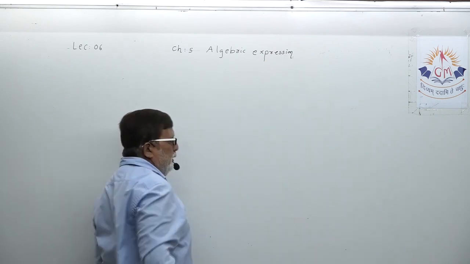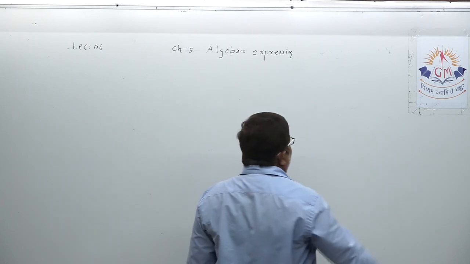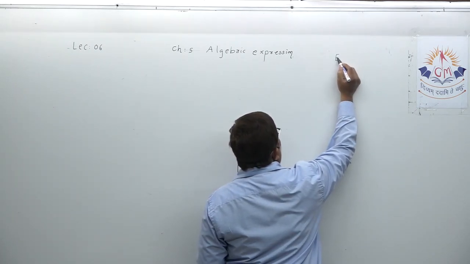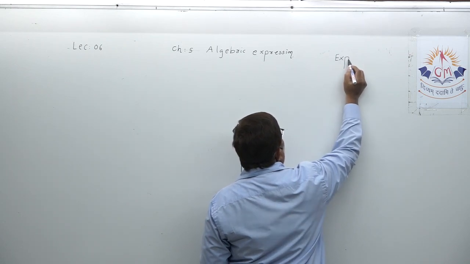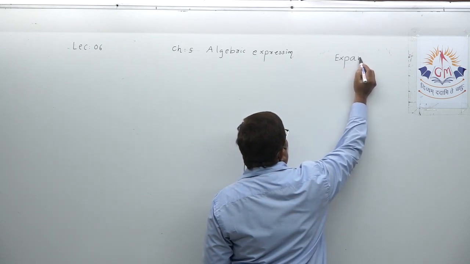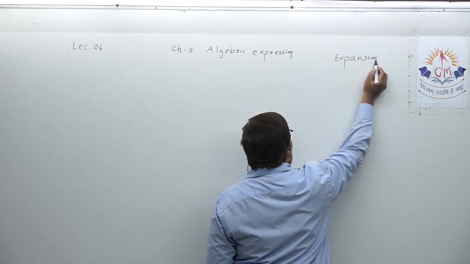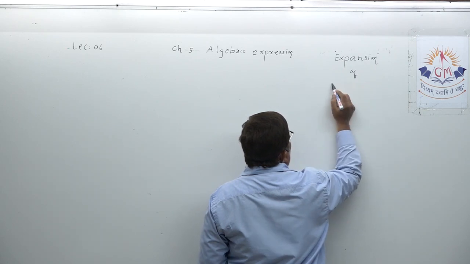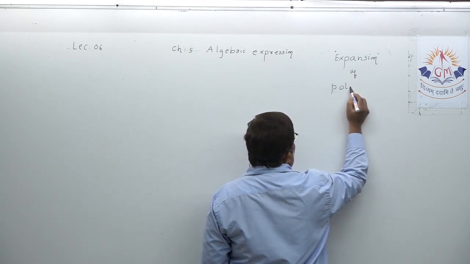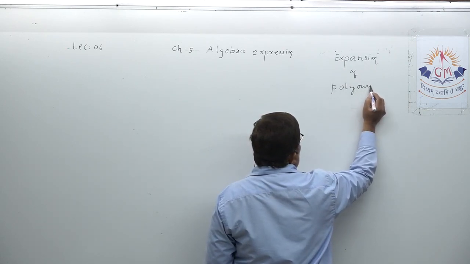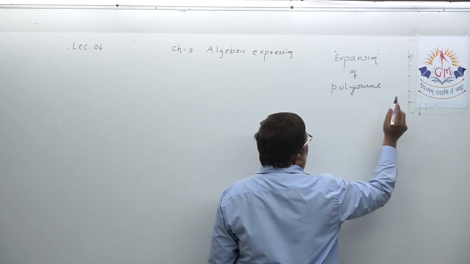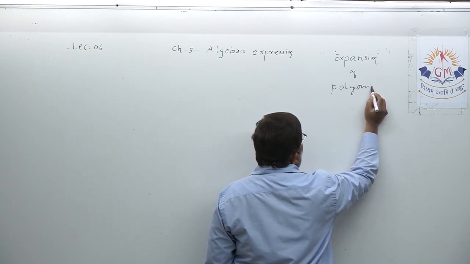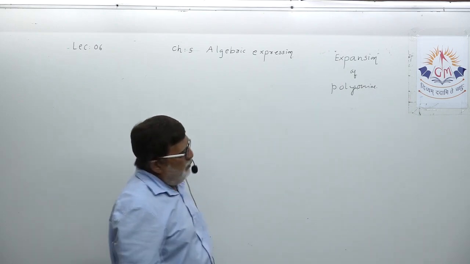Today we are understanding the topic of, to be more precise, I will write one word here: expansion. Expansion of polynomial, that is what we are going to learn. Expansion of polynomial, right? That is what we are targeting today.